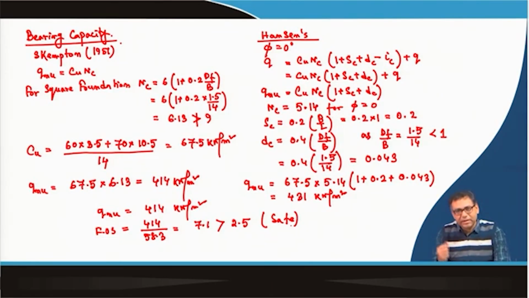Then we will do the settlement check and see what is the settlement value for this particular raft foundation on this particular soil strata. Then based on these two considerations, we will decide what will be the final dimension we will provide. So, in the next class I will do the settlement calculation for this particular foundation and then we will decide what would be the actual dimension of the foundation. Thank you.